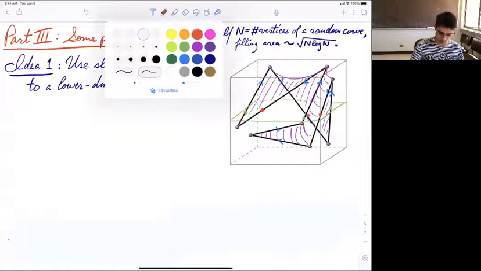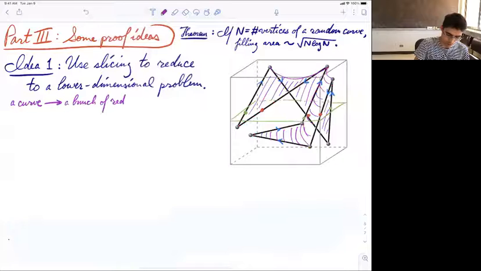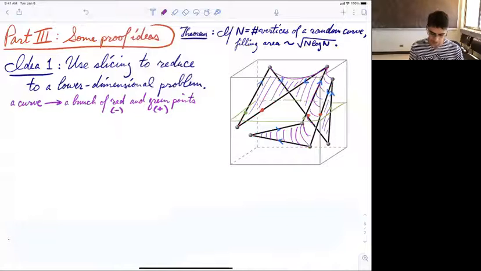And so what we get is that a curve, when you take a slice of it, becomes a bunch of red and green points. Or if you want, you can also think of those as negative and positive points.